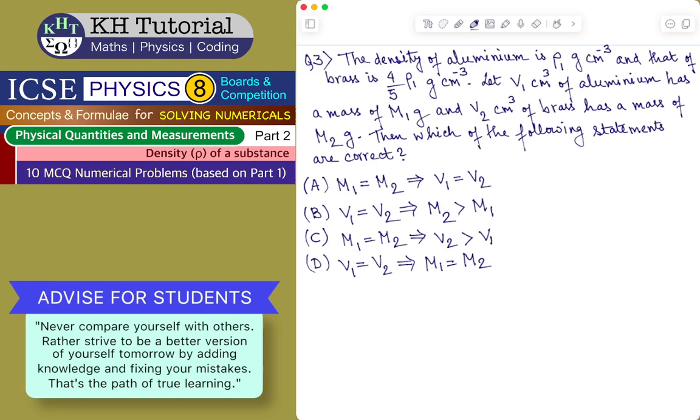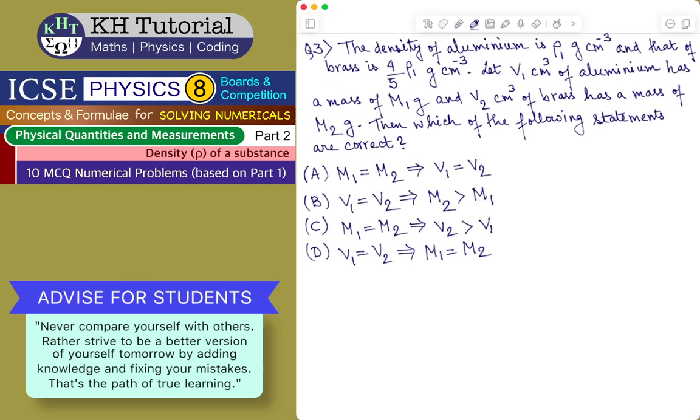Now the density, please note that the density is not changing. The density of aluminium or brass is not changing. It is just given that the density of the two substances, aluminium and brass, are given in terms of rho 1, and it is also given that V1 centimeter cube of aluminium has a mass of m1 gram.